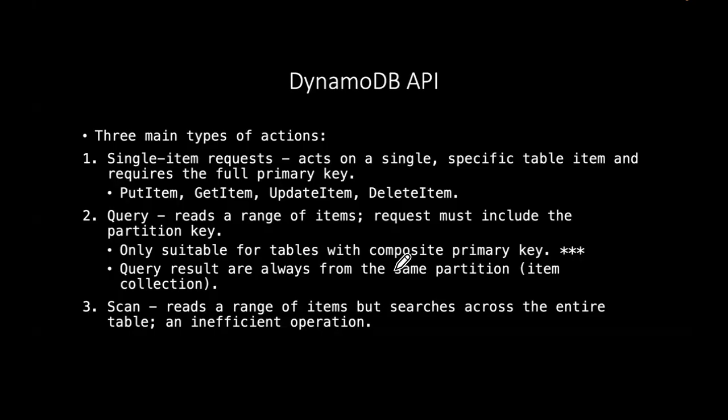So if all of the items have the same customer ID value, that means they all map to the same partition within our set of partitions for our table. So they all come from the same partition.